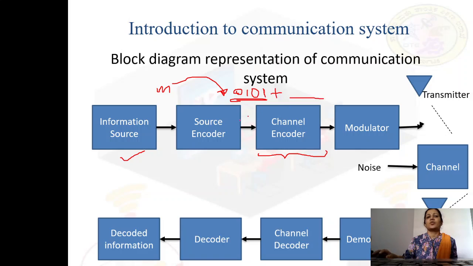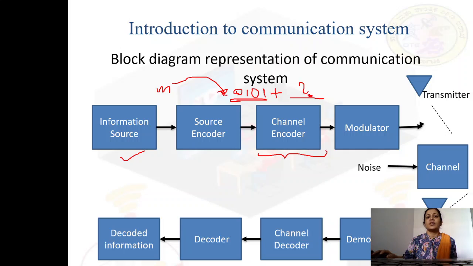Because at the source encoder, we said that it is necessary to convert the message and represent it using the minimum number of bits. If we are using that minimum number of bits here, why are we again adding extra bits? The reason is very simple.